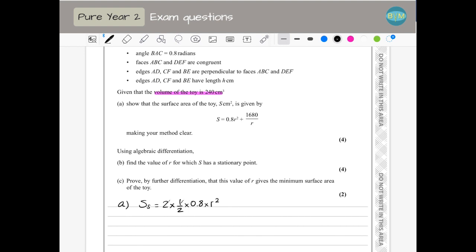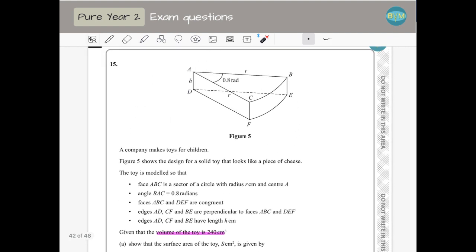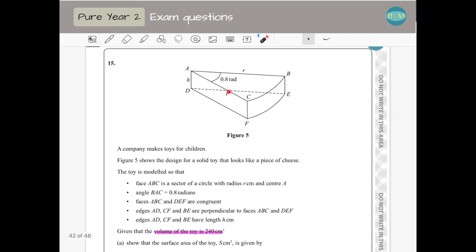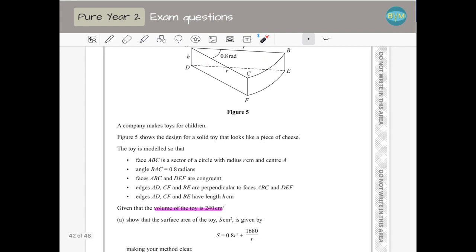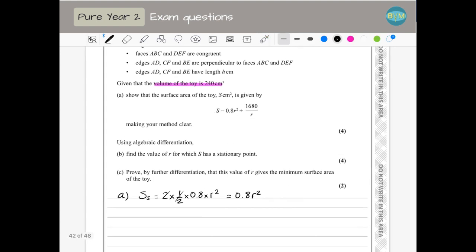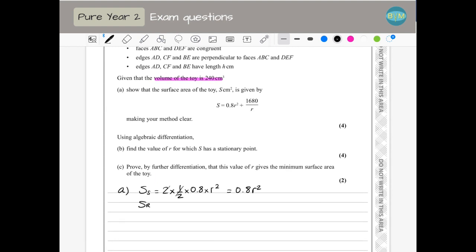We can cancel this, and we have 0.8 r squared for our two sectors. Then these two rectangles here are h times r, and I have one here and one at the back, so the area of the rectangles is 2 times hr, so 2hr.